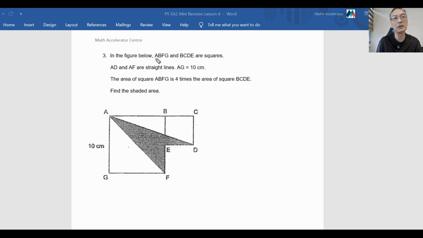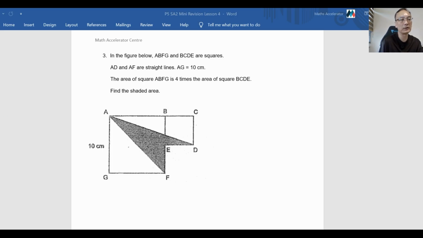In this figure below, ABFG and BCDE are squares. AD and AF are straight lines. AG is equal to 10 cm. The area of the square ABFG is 4 times the area of BCDE. Find the shaded area.